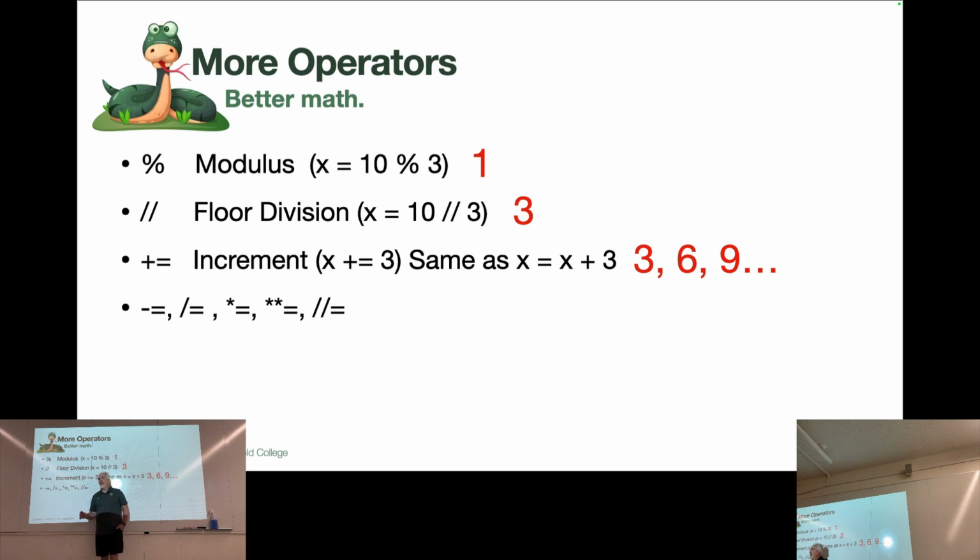There is no increment operator for modulus because doing the division and incrementing it by the remainder doesn't make sense logically. There's no reason you would want to or need to do that. But there is floor division, which is nice. So any of those symbols with an equal sign after it is the increment operators.